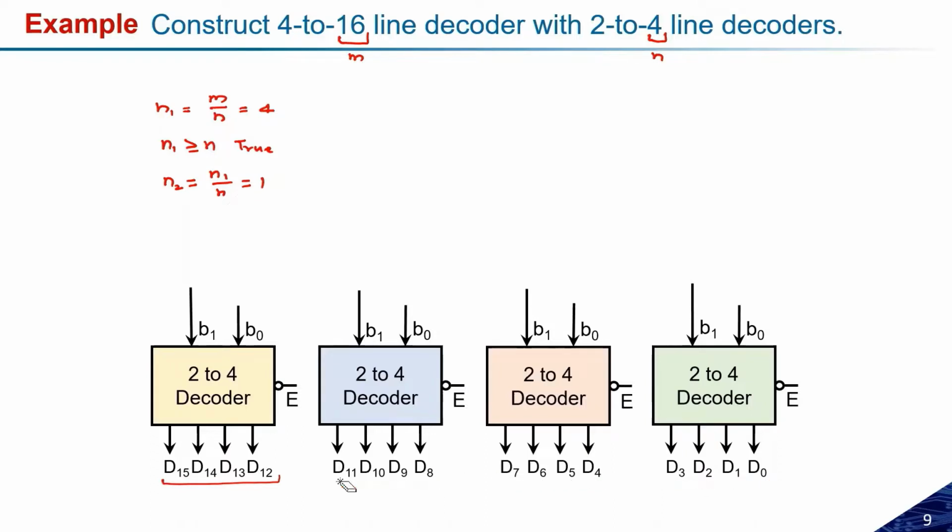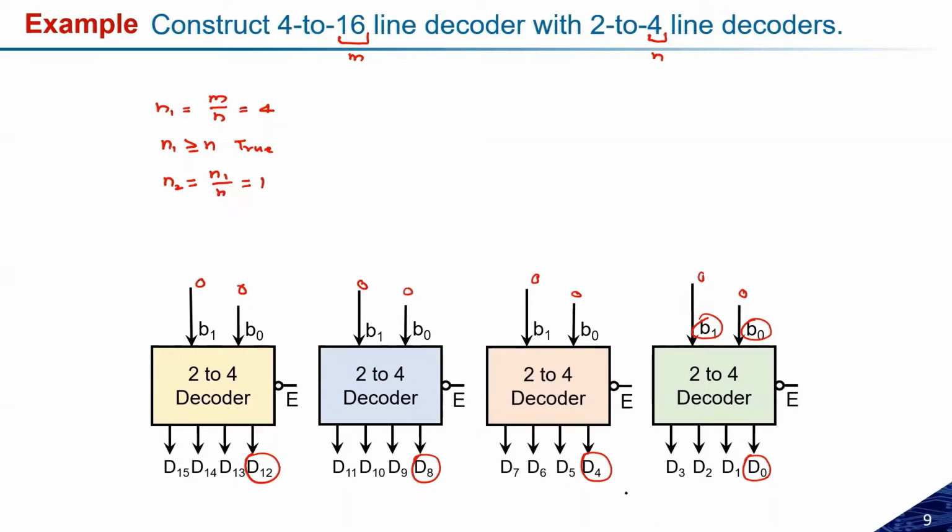Now, we have control signals at the input side, B0 and B1, in all the decoders. If 0, 0 is there in all the decoders, then D0, D4, D8 and D12 will be selected. But what is our requirement?